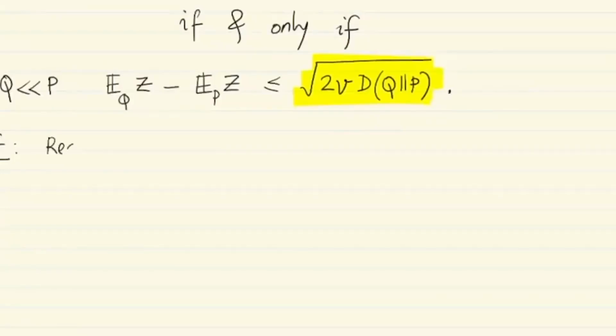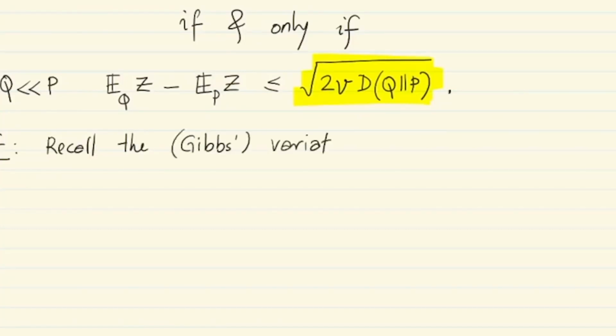So we start by recalling the standard Gibbs variational formula for KL divergence, which we have seen and derived in earlier lectures.